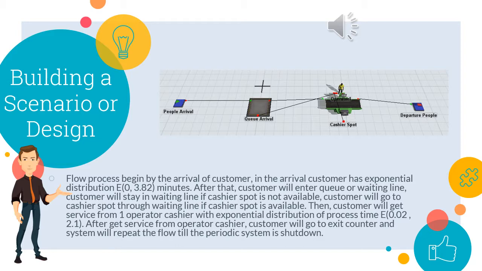Customer will go to the cashier spot through the waiting line if the cashier spot is available. Then the customer will get service from one operator cashier with exponential distribution of process time, which is 0.02 and 2.1. After getting service from the operator cashier, the customer will go to the exit counter and the system will repeat the flow till the system is shut down.